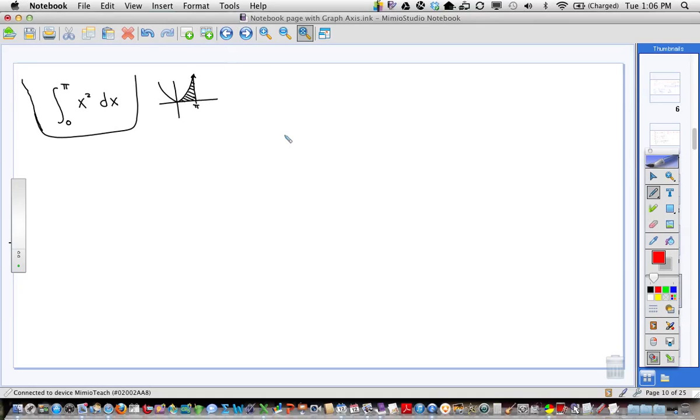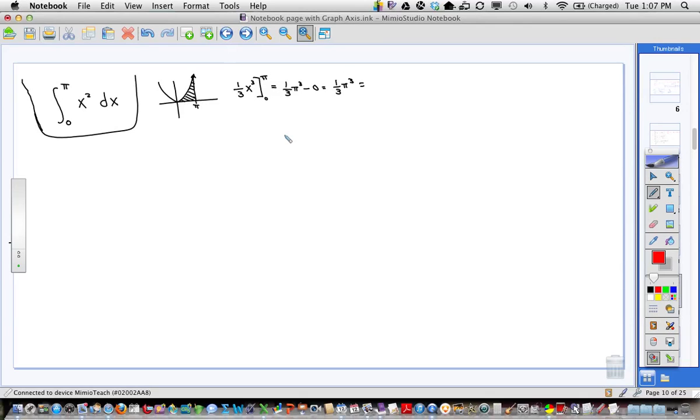Fundamental theorem part 2, right? So tell me what to write. 1/3 x cubed, right bracket, 0 to pi. Plug in the pi: 1/3 pi cubed minus 0, so 1/3 pi cubed.